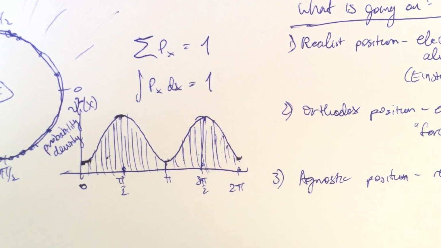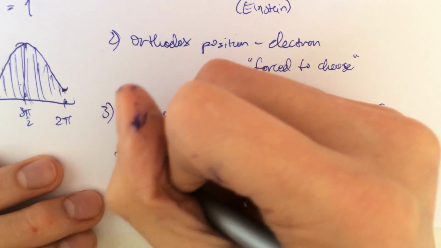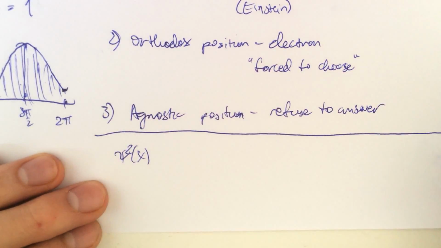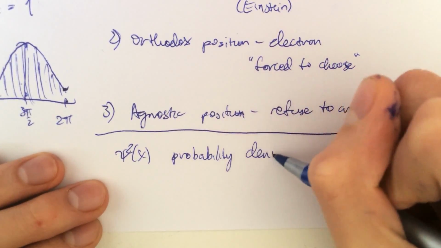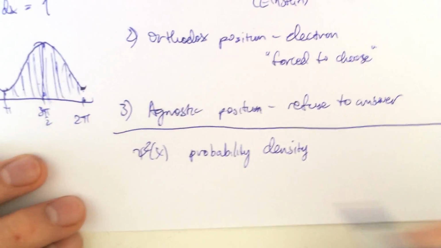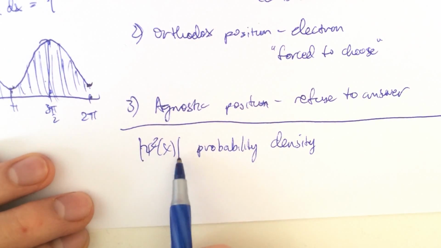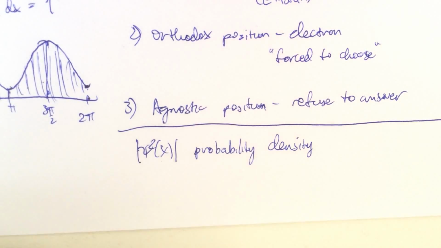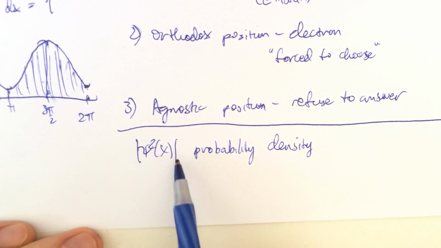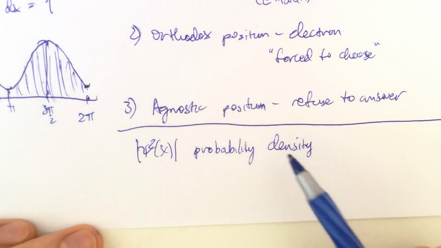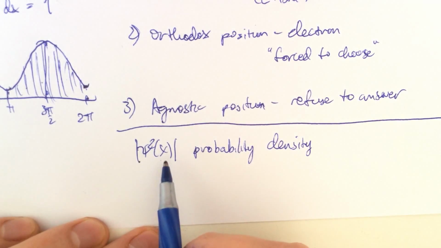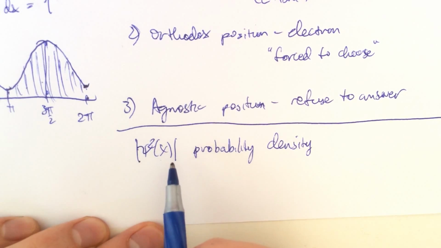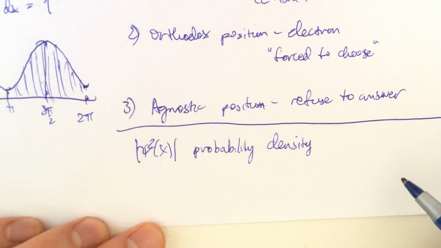But just to finish off this video, I want to have the definitions very clear. Psi squared x is the probability density. You will sometimes see this in a modulus form or magnitude form because it can only be positive, being a probability density. This is useful because you will sometimes see that we deal with imaginary numbers for waves and for quantum mechanics.